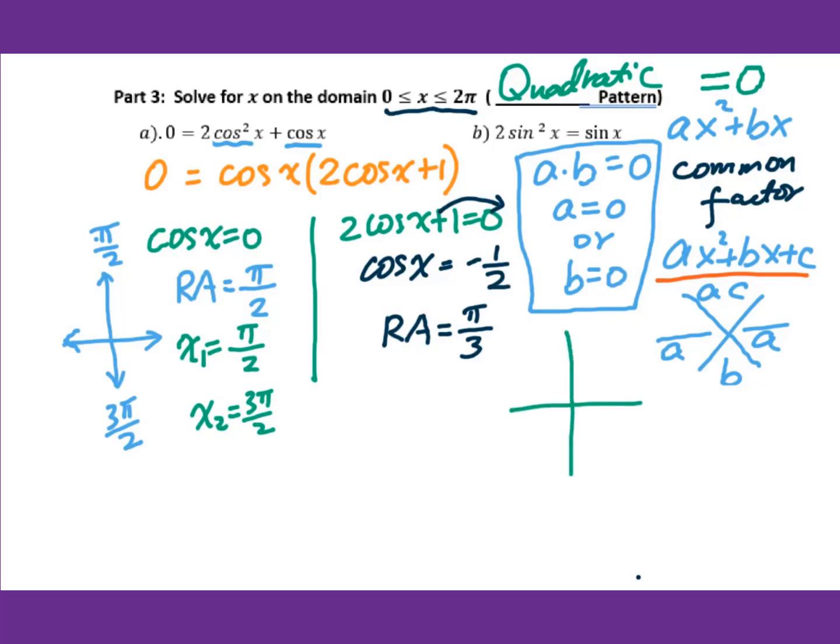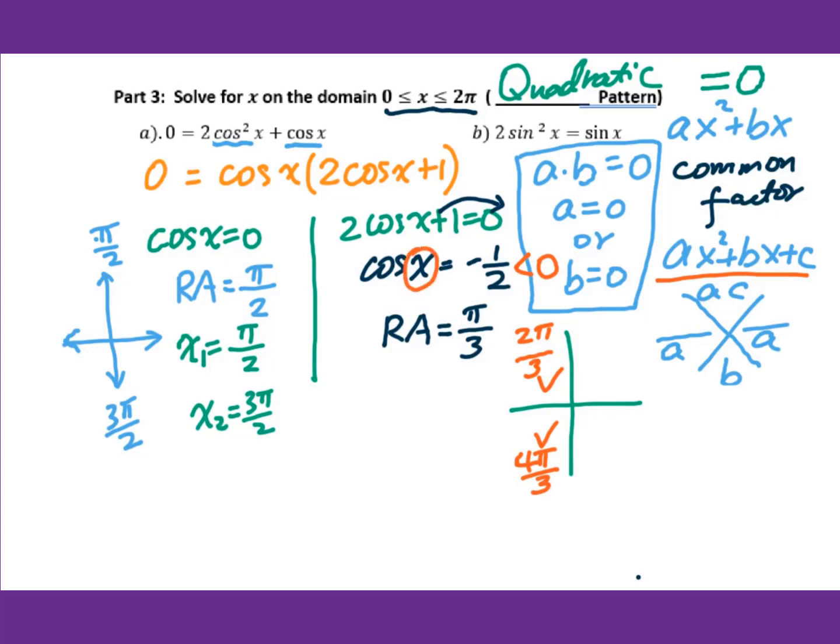So we go to this diagram. For cosine x equals -1/2, which is less than 0, we go to the second and then the third quadrant. Therefore, we get 2 pi over 3 and 4 pi over 3.